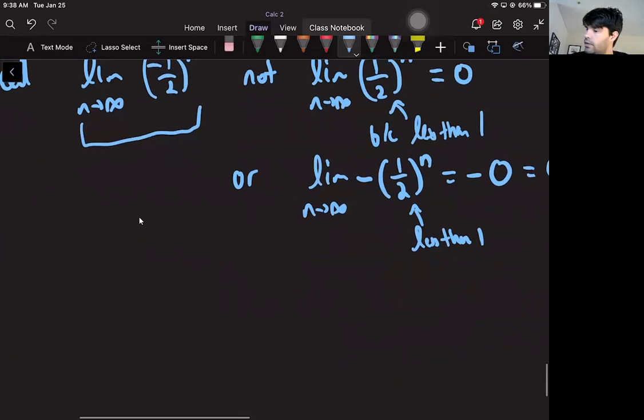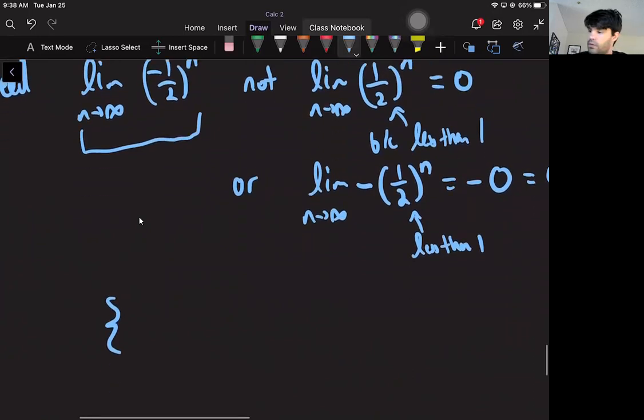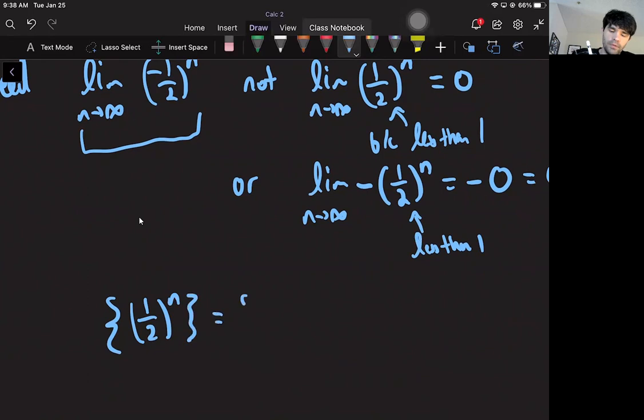Let's see if we can think about it. So let's write out these sequences. So we have 1/2 to the n is just 1/2, 1/4, 1/8, 1/16, and so on.